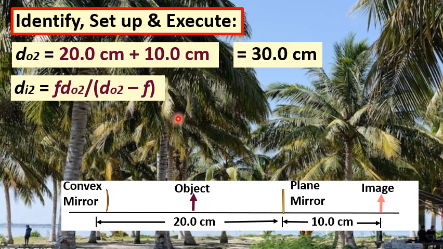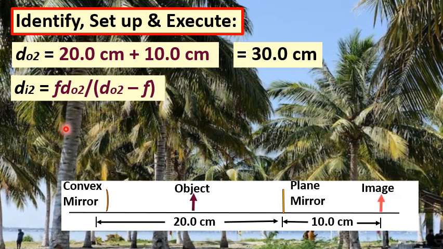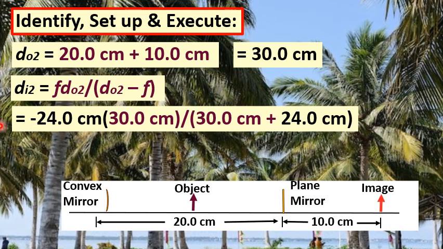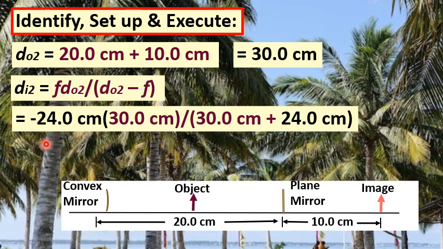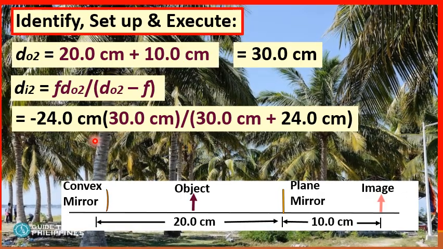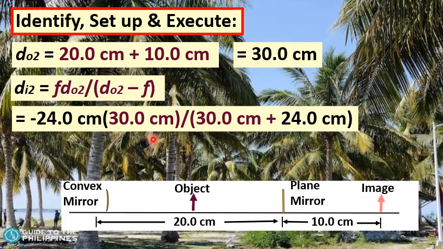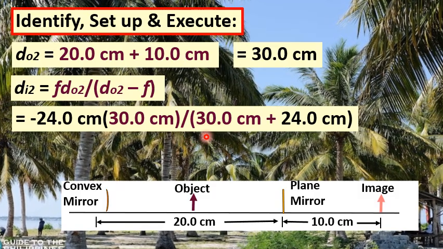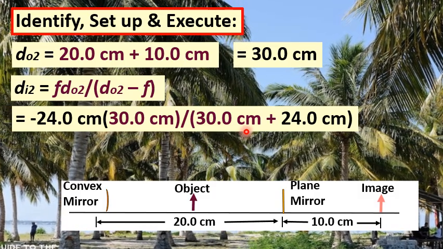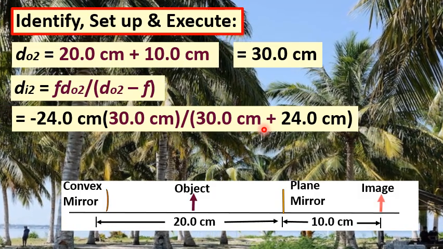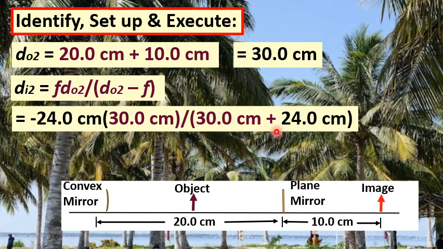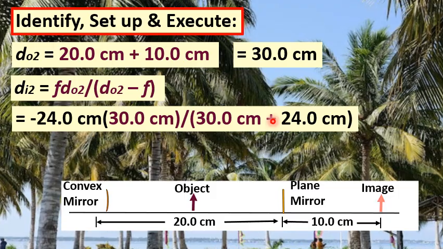So plugging in the quantities into this formula, we have d sub I2 equals negative 24.0 centimeters times 30.0 centimeters all over the quantity 30.0 centimeters minus negative 24.0 centimeters. All right. Again, there is a double negative.